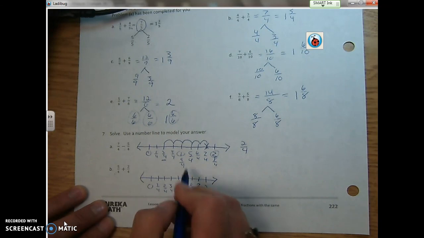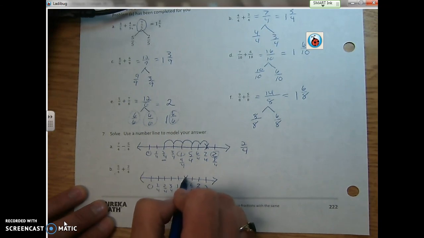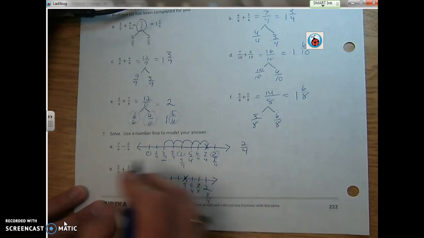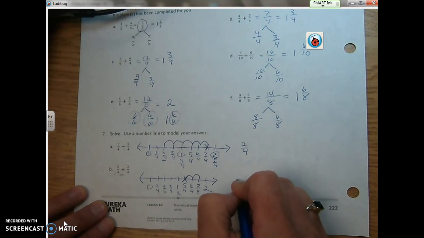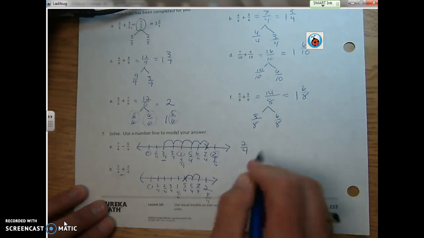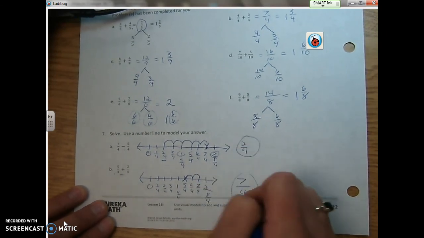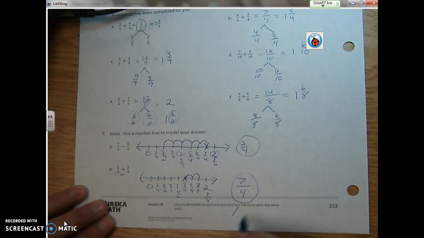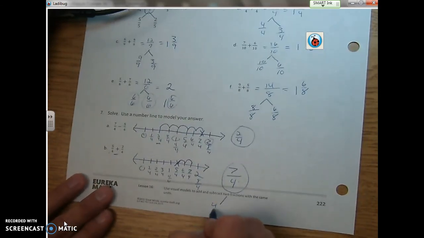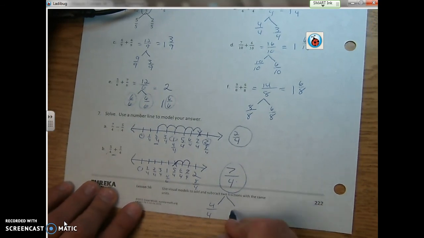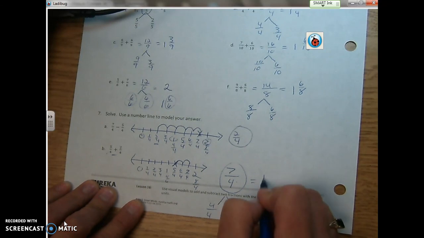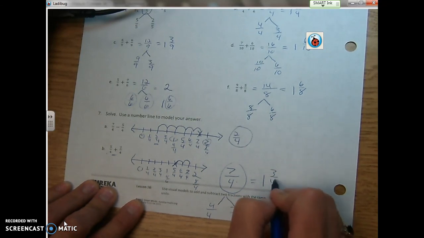So now I can take 5/4 here and, oh actually, I'm adding this time, look, I'm adding 2/4. 1, 2. I get 7/4. And then I can take 7/4, it's an improper fraction, so I need to take it apart. 4/4 and 3/4 equals 1 and 3/4.